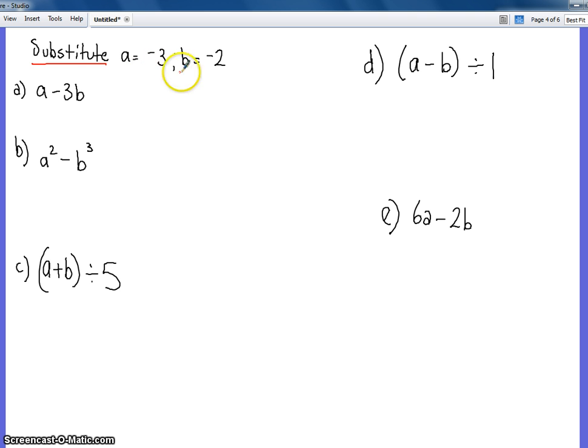And then we're told they're those values. So a, we are told, is negative 3. And everything else comes down to be the same. And b, we are told, is negative 2. And there is a times in here, isn't there?